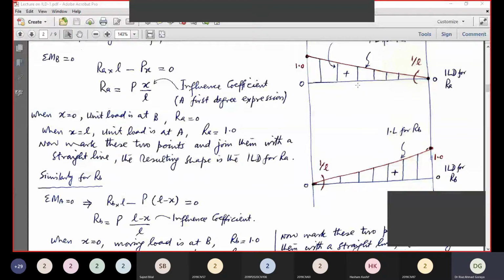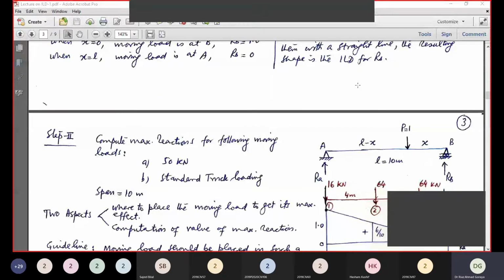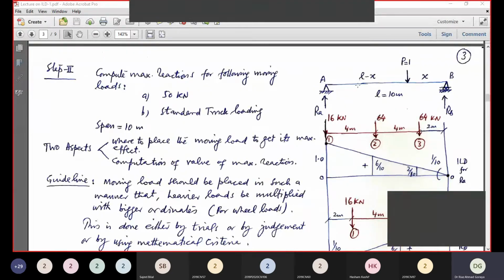Step 2. Compute the maximum reactions for following moving loads. A. 50 kilonewton single load and B. Standard truck loading. Now there are two, span is 10 meter. That this span is 10 meter.